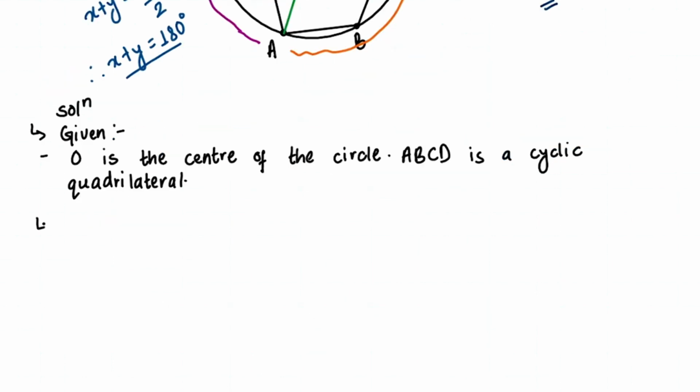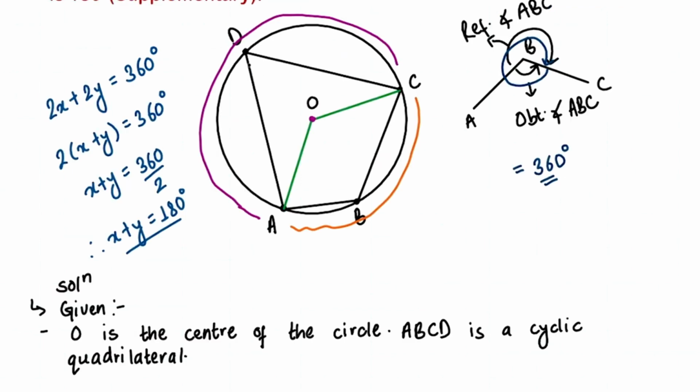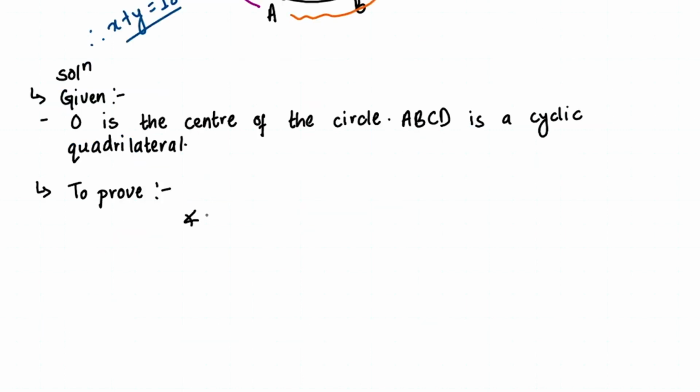Now our second part is to prove. We need to prove that angle D plus angle B is 180 degrees and angle A plus angle C is 180 degrees. So angle B plus angle D is equal to 180 degrees and angle A plus angle C is also equal to 180 degrees.